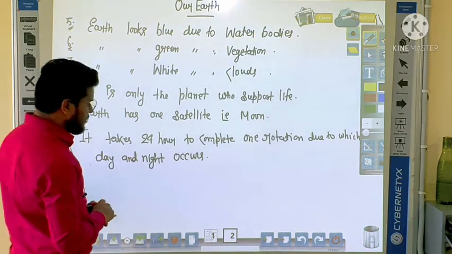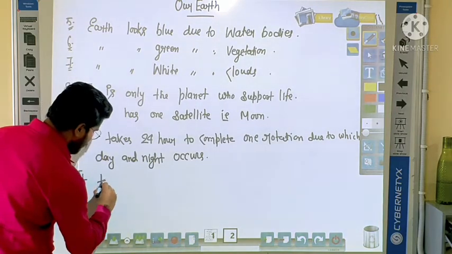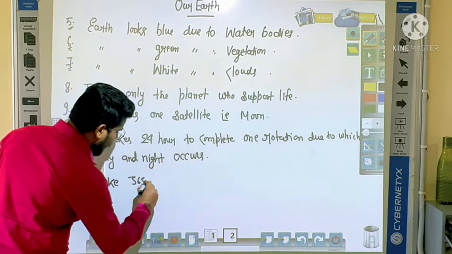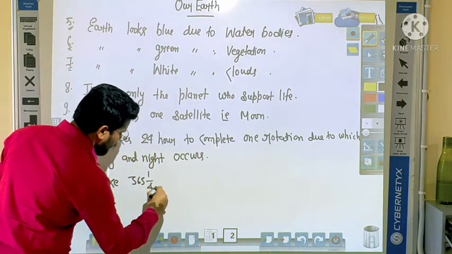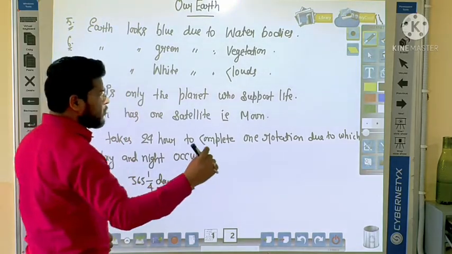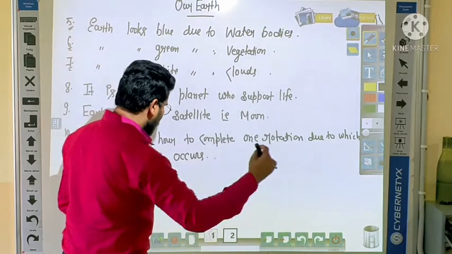Our 11th fact is it takes 365 and 1/4 days to revolve around the sun.